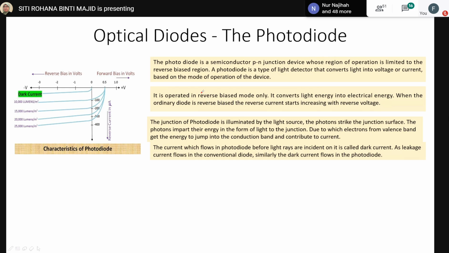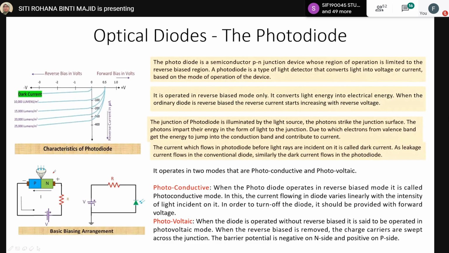And also, because they only operate during the reverse bias mode, this photodiode will convert the light energy into electrical energy. And when the ordinary diode is reverse biased, the reverse current starts to increase with the reverse voltage.